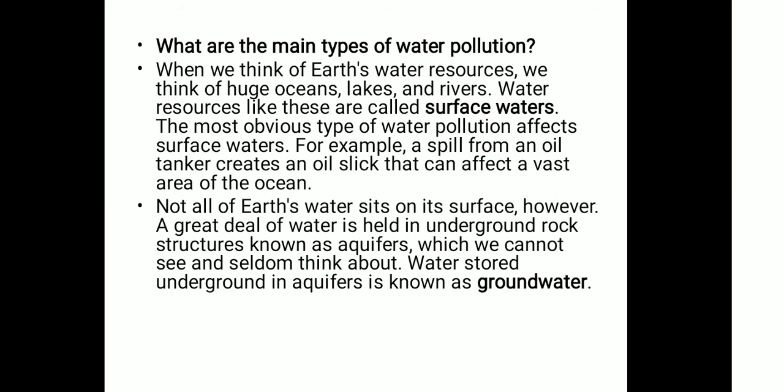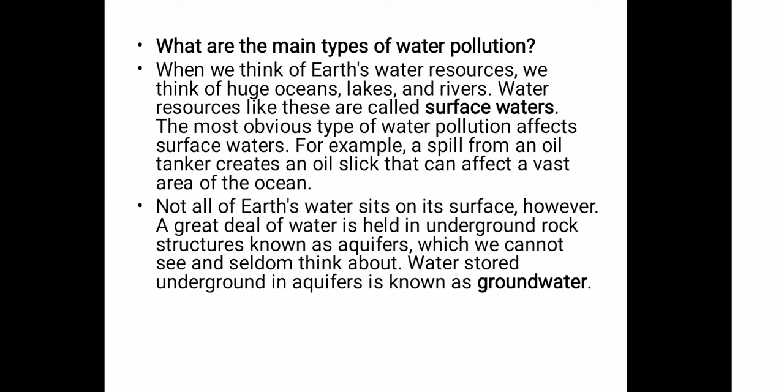What are the main types of water pollution? So first we discussed its definition, then its causes, and now we discuss the types of water pollution. When we think of Earth's water resources, we think of huge oceans, lakes, and rivers. Water resources like this are called surface waters, means water available on Earth's surface in the form of oceans, lakes, rivers, streams, reservoirs.